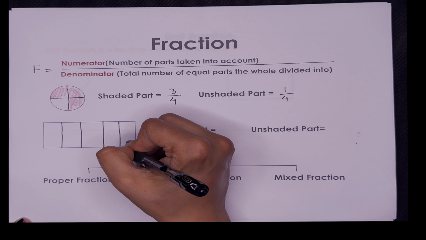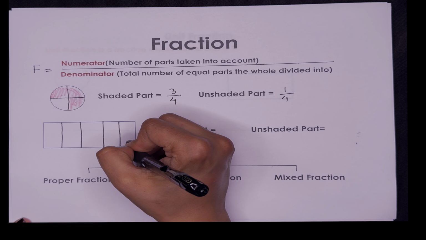So 1 by 4 is called a unit fraction because four 1 by 4 parts make the whole circle. If we express this as a number bond, 1 by 4, 1 by 4, 1 by 4 and 1 by 4. So four 1 by 4 make the total circle. So 1 by 4 is an example of a unit fraction.